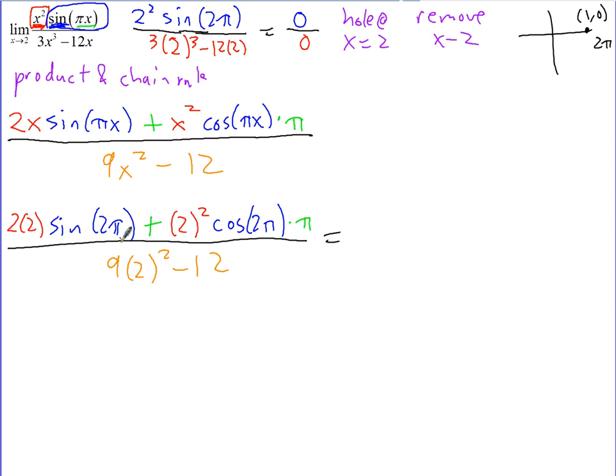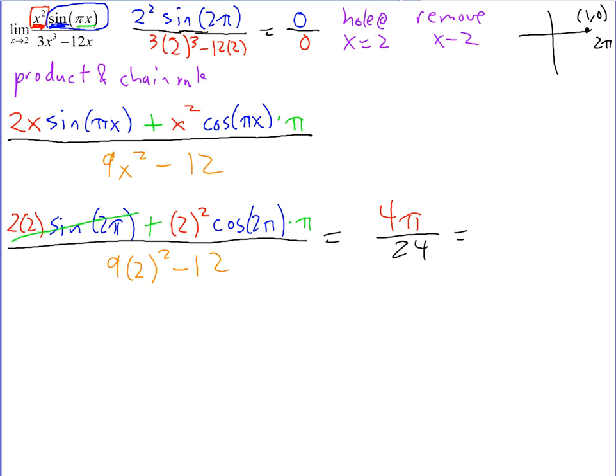Alright, so sine of 2 pi we already established is 0. So notice that wipes out this entire first term here. But cosine of 2 pi is the x-coordinate, 1. So that's just going to be 1 times 2 squared is 4 times pi. So that just gives you 4 pi over 4 times, 2 squared is 4 times 9 is 36 minus 12 is 24.